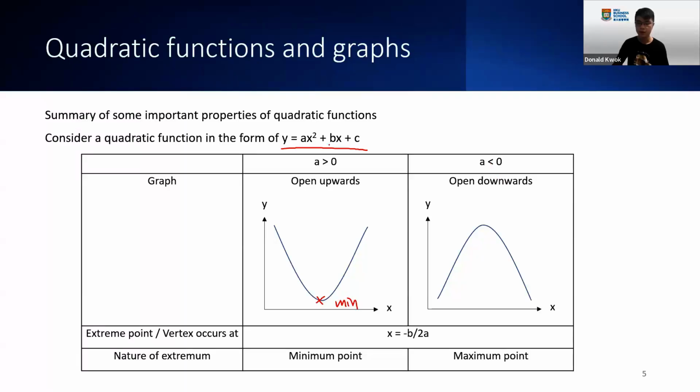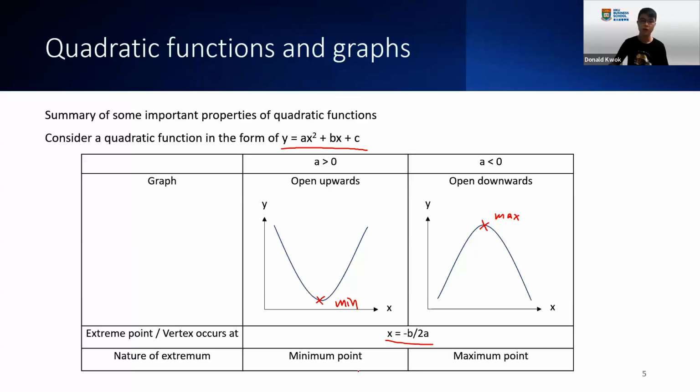Whereas when the coefficient a is negative, the graph opens downwards and has a maximum point. In either case, the minimum or maximum point occurs at x equals -b over 2a. This is where the extreme point, or the vertex, of the quadratic function occurs.